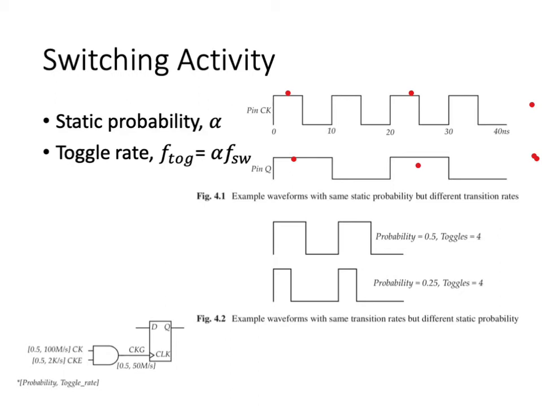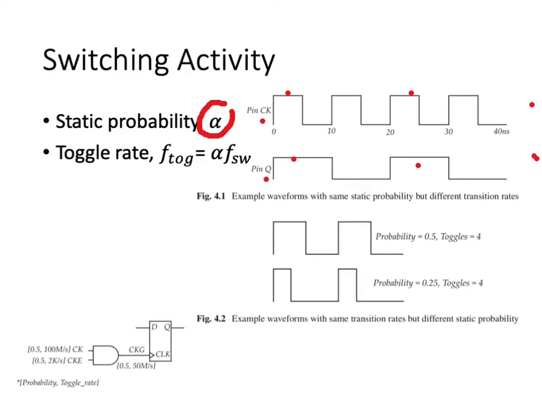Roughly 50% of the time the signal is at logic high, and 50% of the time the signal is at logic low. So the static probability alpha is the probability that the signal remains high, and in this case it is 50% for both CK and net Q.